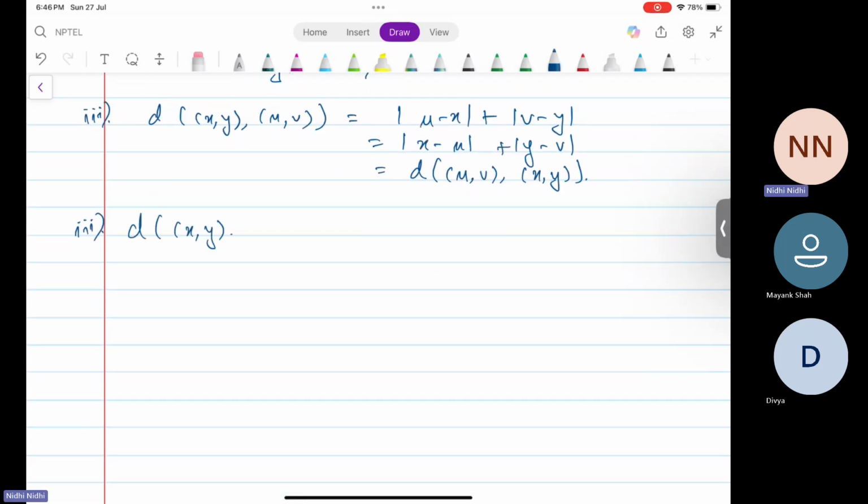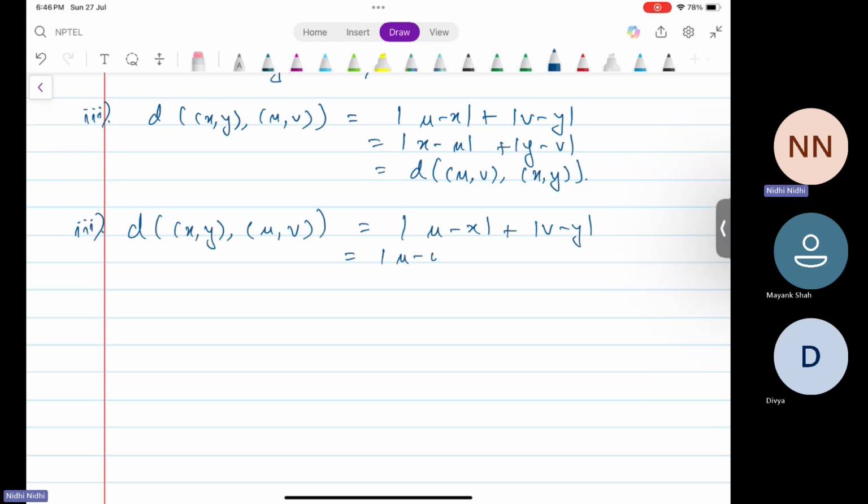d of (x,y) comma (u,v) is equal to, introducing plus minus, we'll take another vector (w,z) in R2 and introduce it in between.